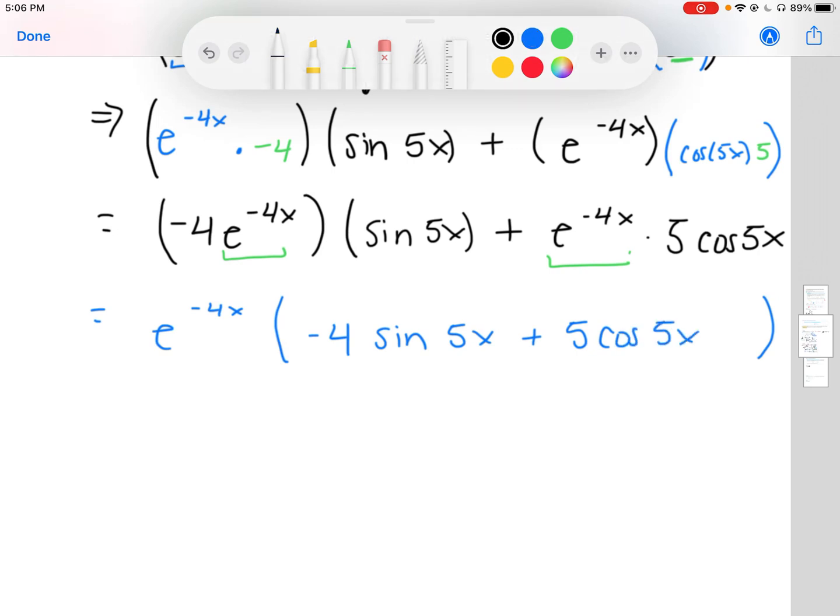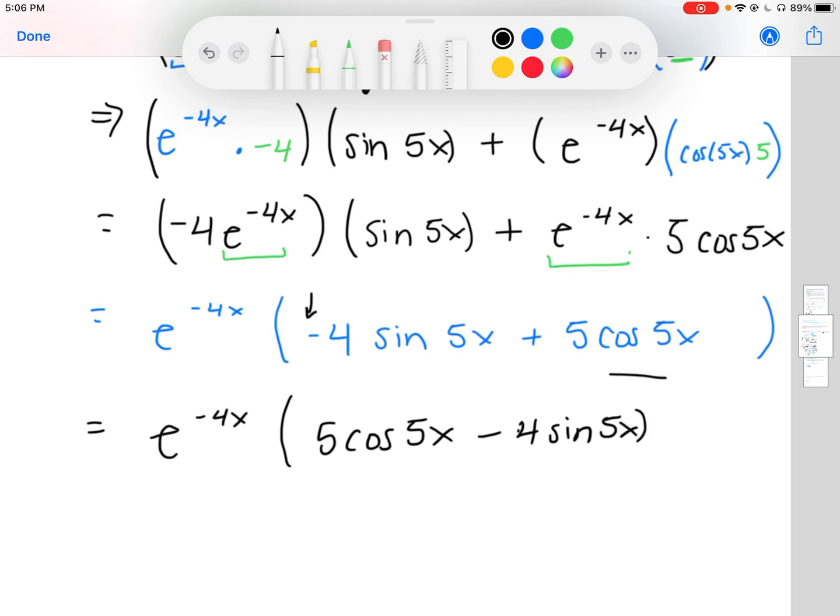And an extra step you can do, just in case maybe your answer doesn't match the one in the back of the book, is we do not like to begin with a negative. So you can always swap your two terms. So we have e to negative 4x power times 5 cosine 5x minus 4 sine of 5x. And there we have it.